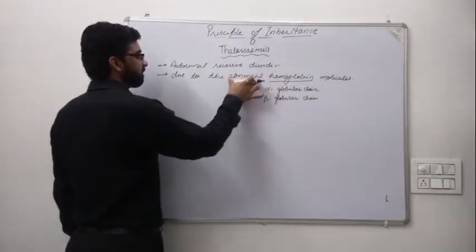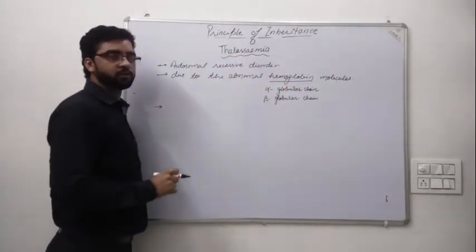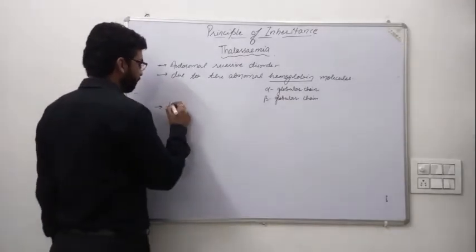If the hemoglobin molecule is affected during thalassemia, then it leads to a disorder called anemia.